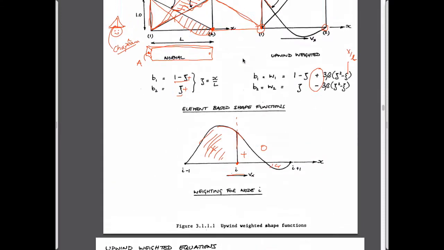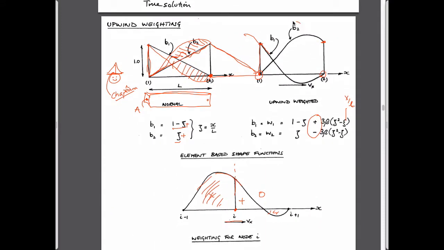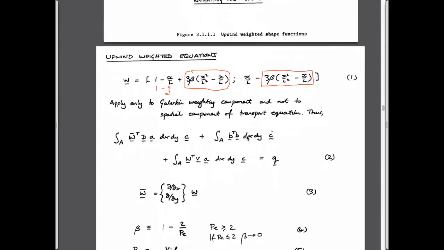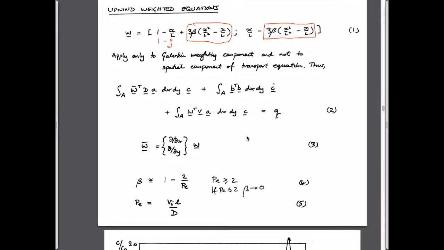So you remember that this is how we localize the elements, but this is how to think about how it really gets used in terms of giving this extra influence to the upstream portion. But these are the shape functions within a given element, which are this. And we just use those in the Galerkin method.